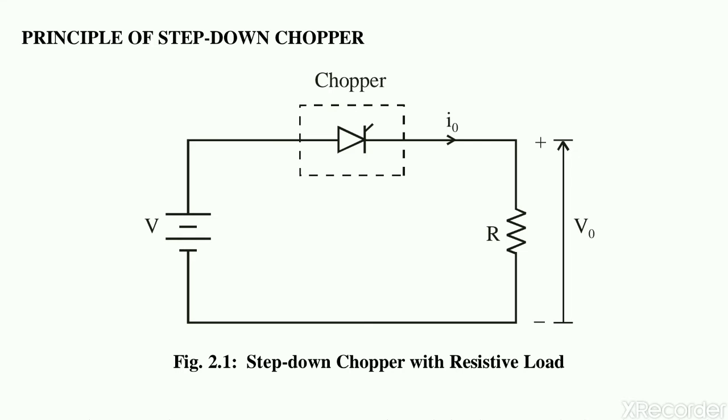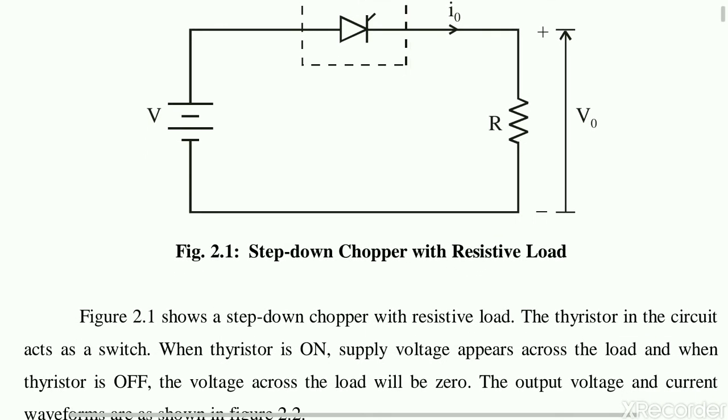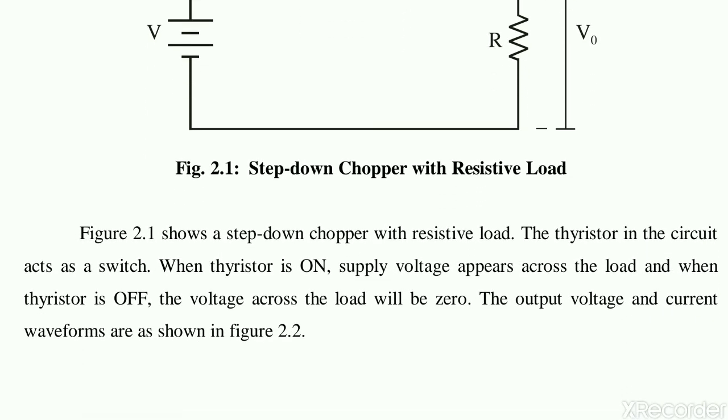So the same voltage which is given at the input will appear across the output of the chopper, and when this switch is off or when the SCR is turned off, there will be no output voltage across the load. So the voltage across this resistive load is 0. This is the basic principle, or we can say the basic operation of this circuit.